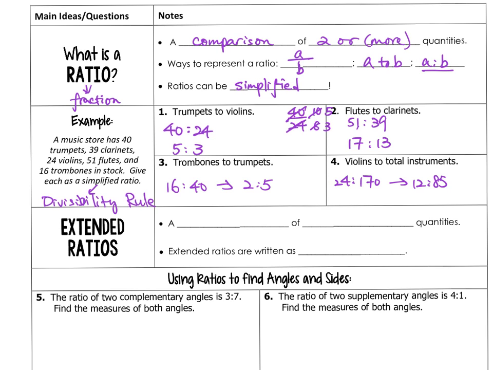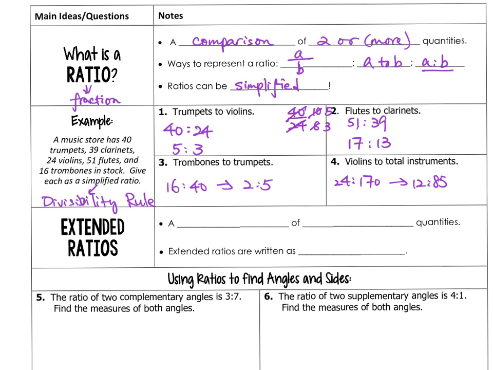Even numbers are divisible by 2, and for 3, you can add all the digits together, like 51: 5 plus 1 is 6. If that sum is divisible by 3, then 51 is divisible by 3. If a number ends with 5 or 0, it's divisible by 5. So it's pretty much within these numbers: 2, 3, and 5.